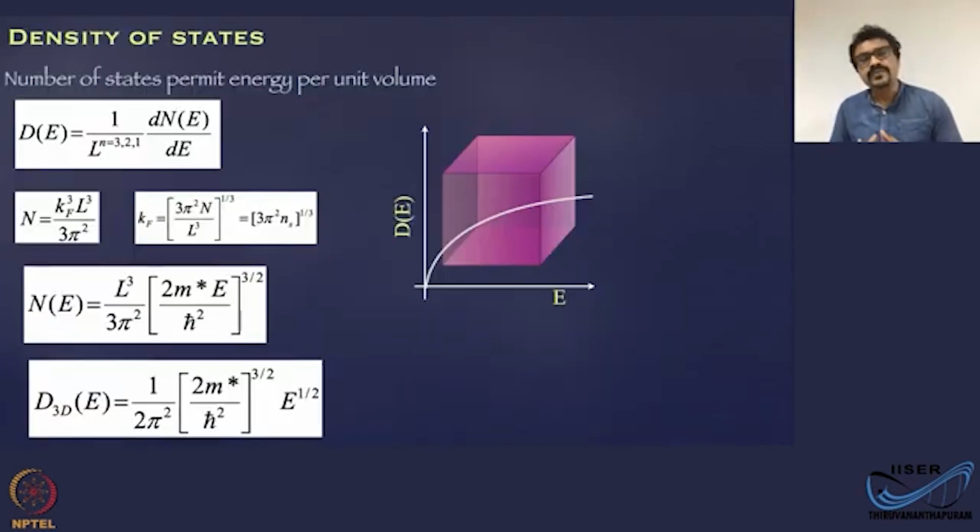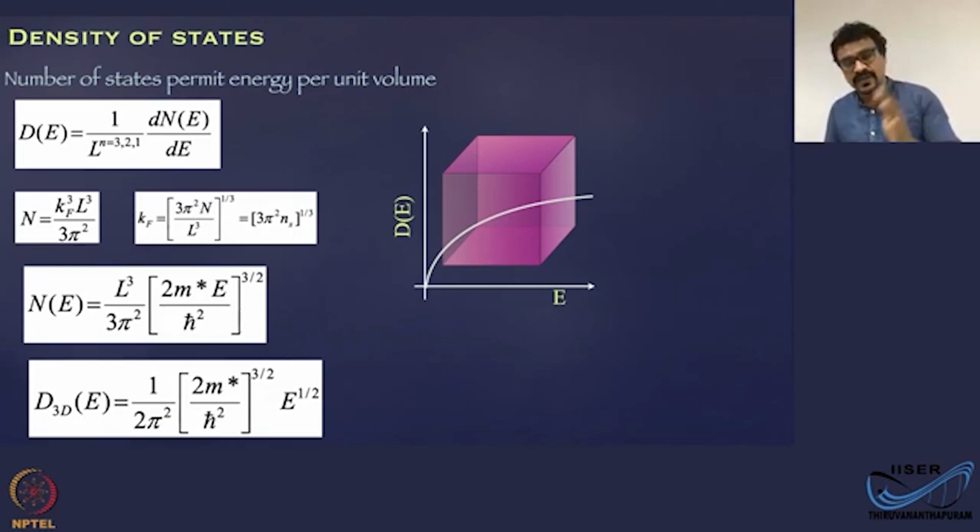Now, we got an expression for the number of states in the Fermi sphere and the highest occupied state. Now, the electron transport through the system also depends upon whether there are states available inside the material.